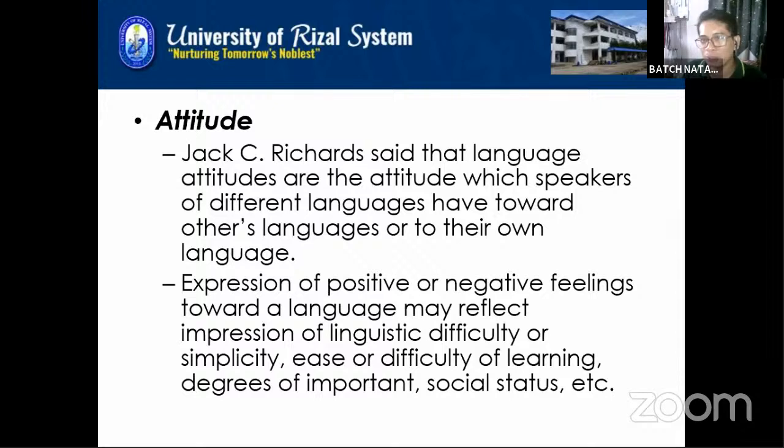Maybe because these people coming from non-English speaking countries, they might be able to master the syntax of English. Pero when it comes to utilizing it practically speaking, doon naman sila medyo alangan sa atin.